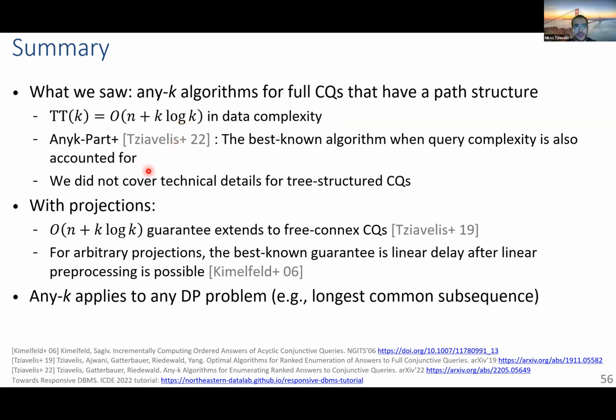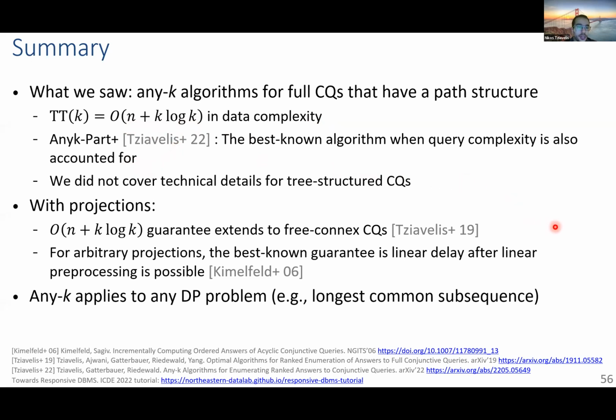We talked about this new algorithm that achieves basically the best known guarantee. I did not cover in this talk details about how to handle tree structured queries or cycles, but you can look at our paper for that.